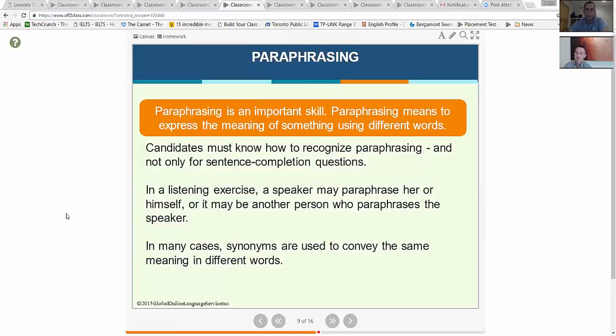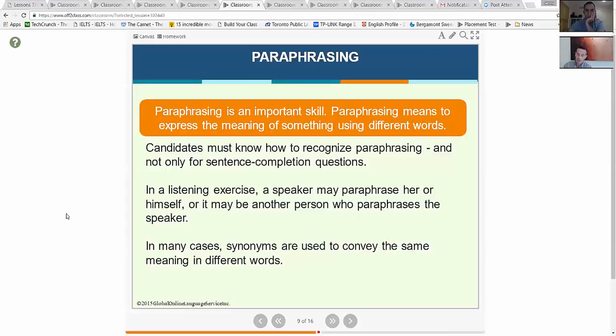So it's very important that students can understand synonyms, or that they can provide synonyms for the questions. And that's one of the things that I ask them to do in exercises: when they're looking at a question, before listening to the exercise, paraphrase the words in the question options that they might be able to think about that the speaker could say in another way.